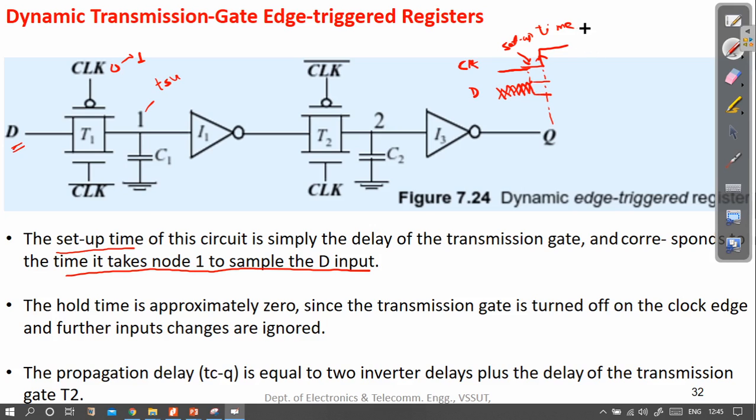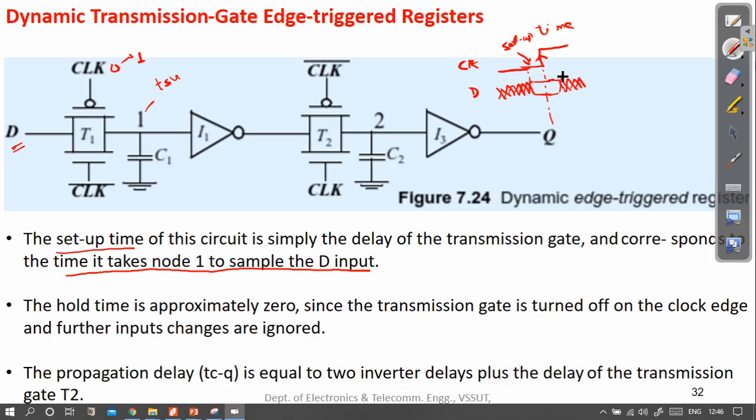Now when the clock changes from 0 to 1, after this also, since the capturing is complete, there is still a constraint that after the capturing has occurred, the data should remain valid for a certain duration of time.